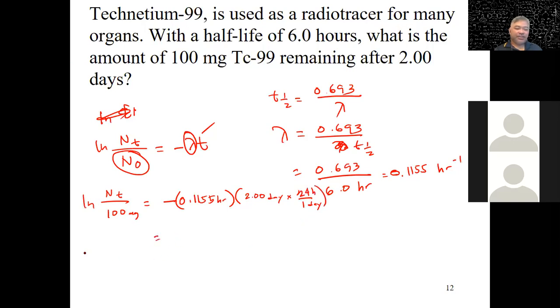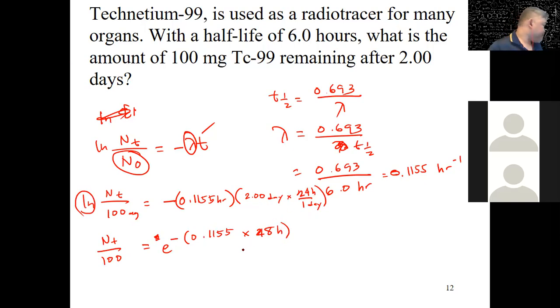So if you're going to rearrange them, how are you going to eliminate ln? So this is Nt equals 100, and this will become e raised to 0.1155 times 48 hours, because 2 times 24 is 48.